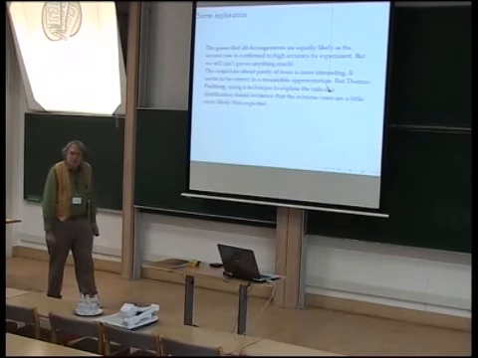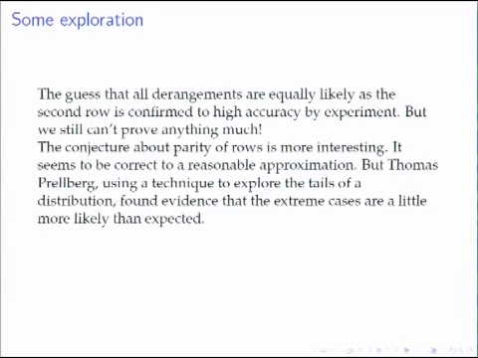The parity of rows business is a little bit more interesting. I told this problem to Thomas Prellberg, and he wrote a program which explores into the tails of a distribution. And so here we've got this distribution of the number of rows of odd parity, let's say, which is something like a binomial.